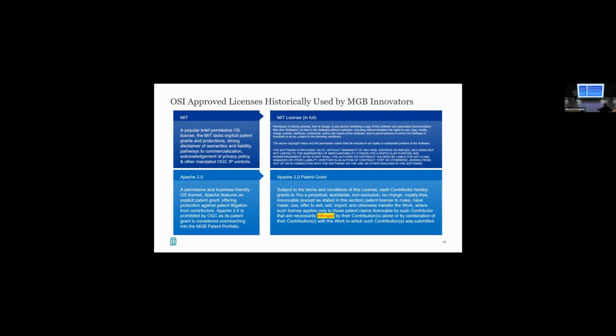Apache 2.0, I loved, but for a company that spends $1.5 million in patent administration every year, having this wide language that gives you rights to all the claims that are infringed by the original software is just too wide an umbrella for MGB to accept. I can go into detail if anybody wants to talk further about that.